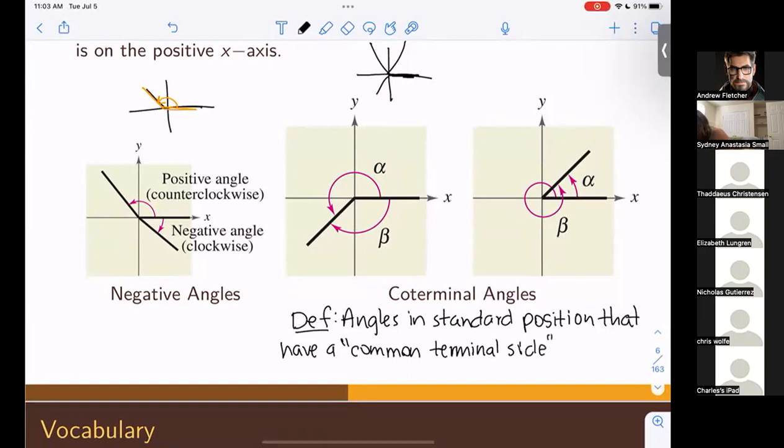And all that means is that they have the same ending point.